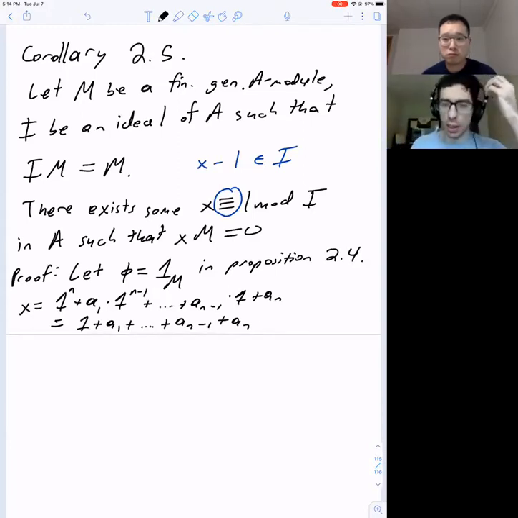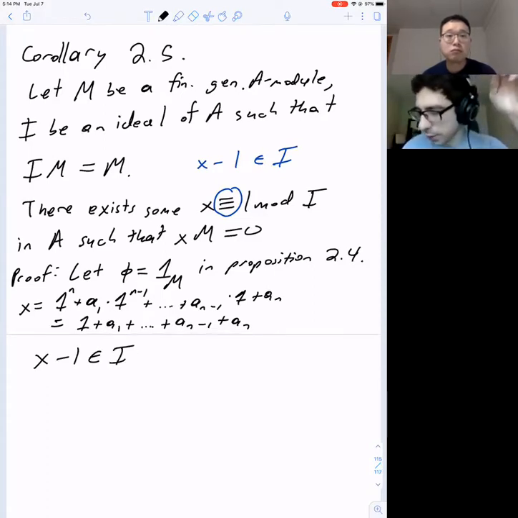So this is the relation we had above. That means x minus 1 is in the ideal because all these ai were in the ideal.